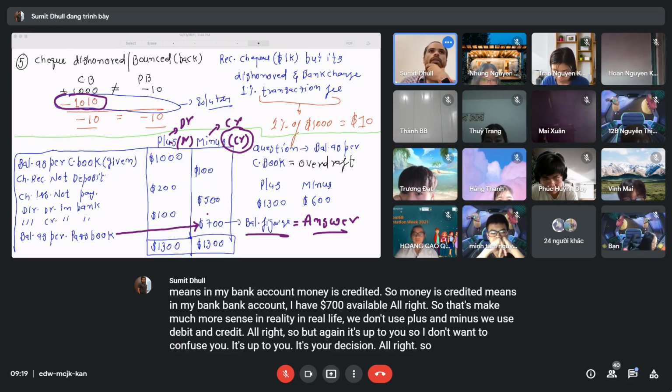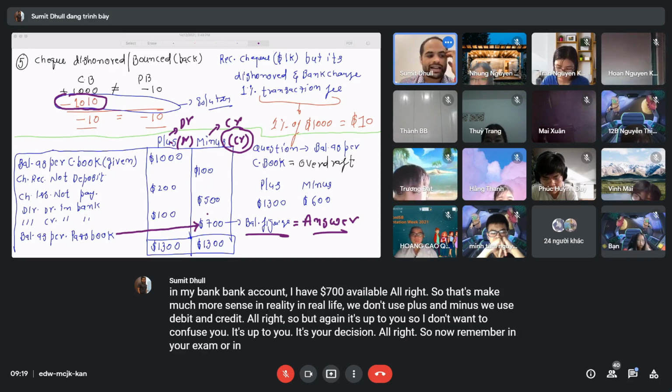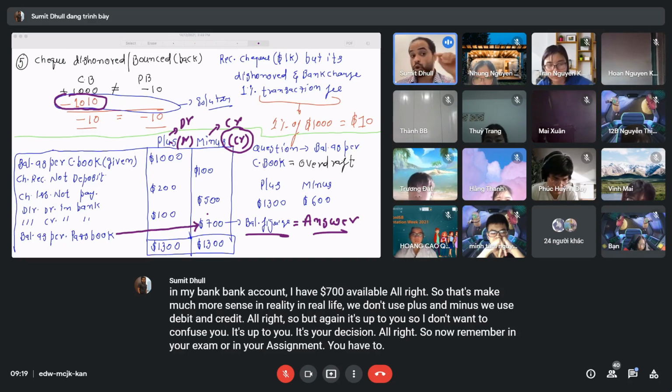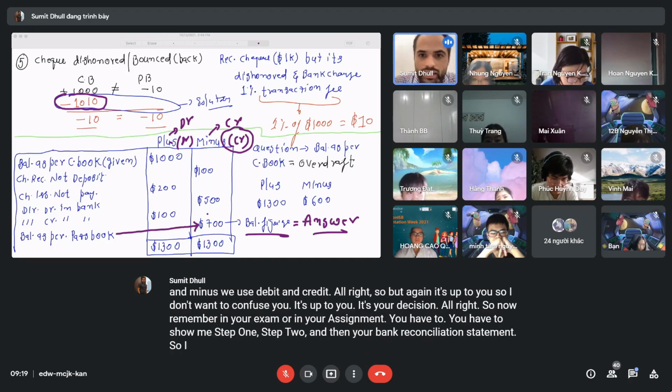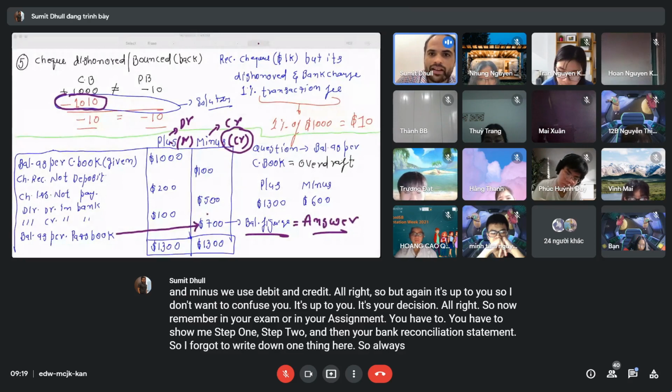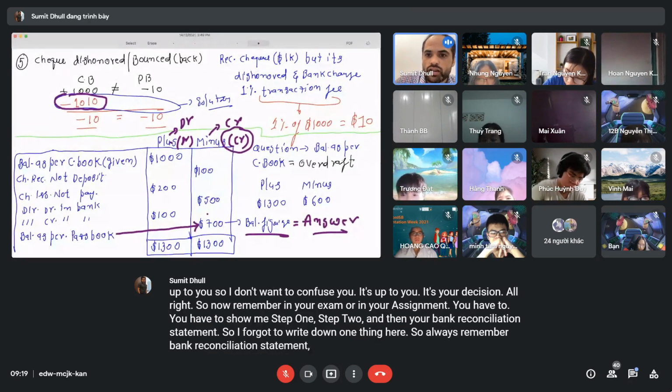Now remember, in your exam or in your assignment, you have to show me step 1, step 2, and then your bank reconciliation statement. I forgot to write down one thing here. Always remember, for the bank reconciliation statement, you have to use the title.